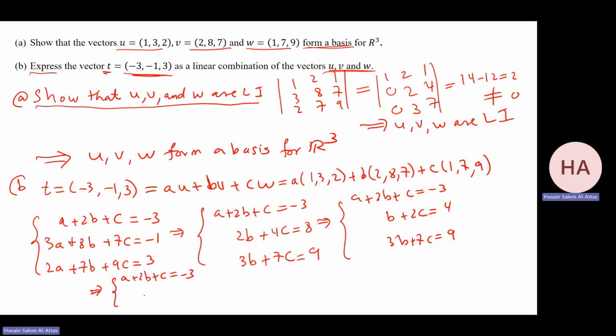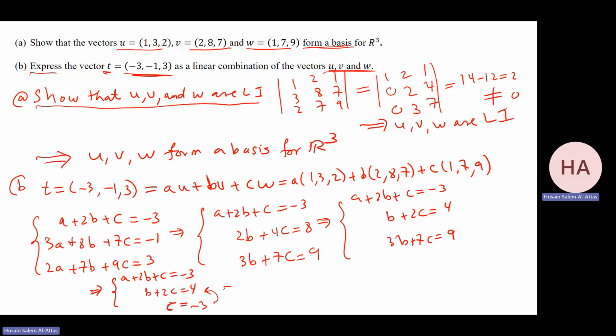You can do it by Gauss elimination, actually, or this way. Now multiply by minus 3 and add, that will be 0. Minus 3 and add, that gives me C. Minus 3 and add, that gives me minus 3, since minus 3 times 4 is minus 12 plus 3, that will be minus 9. So I get C, plug it there.